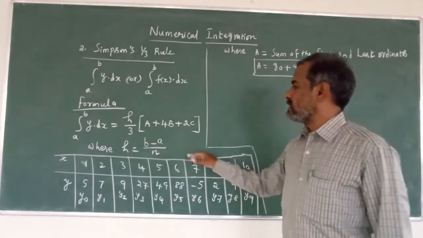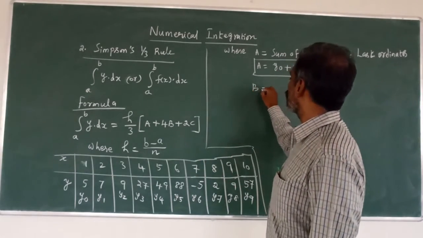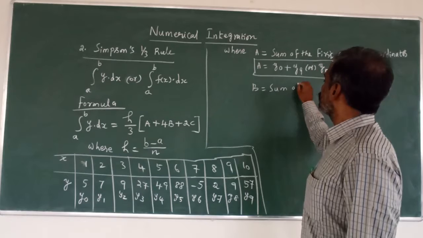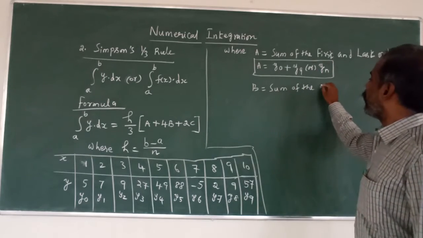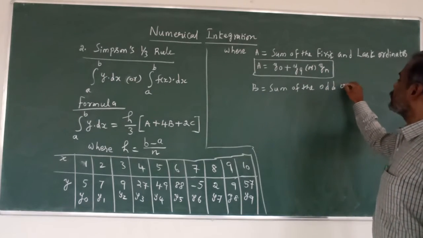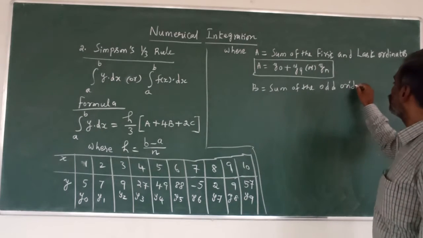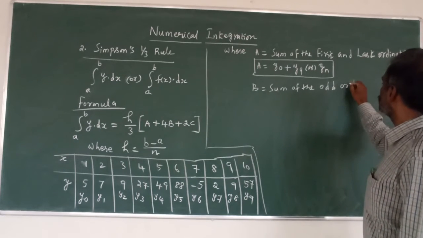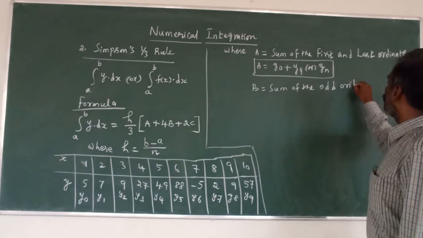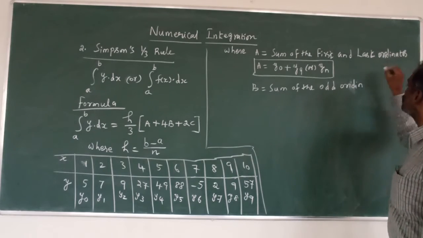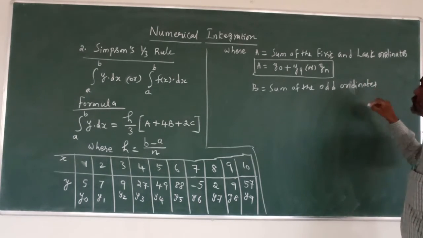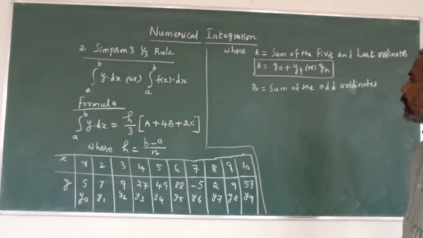And how to find the B value? B equals the sum of the odd ordinates.